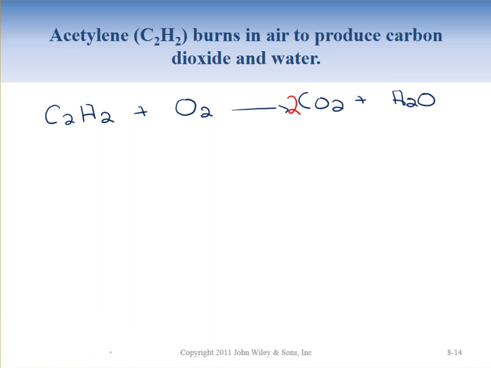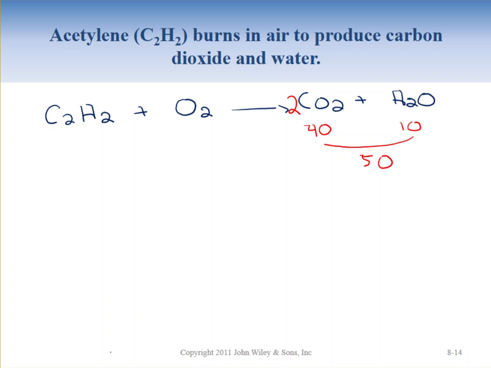2 hydrogen for acetylene, and we already have 2 hydrogen from water. Now we've got to balance the number of oxygens. So you get 4 oxygen from carbon dioxide, 1 oxygen from water, which is a total of 5 oxygens. But how do I do 5 oxygens for O2?